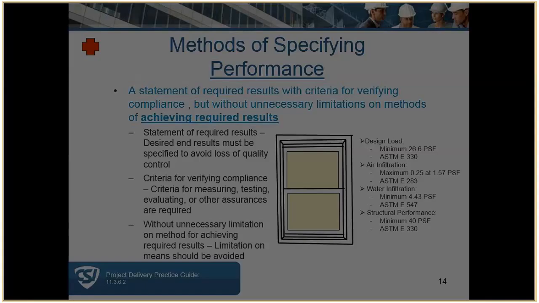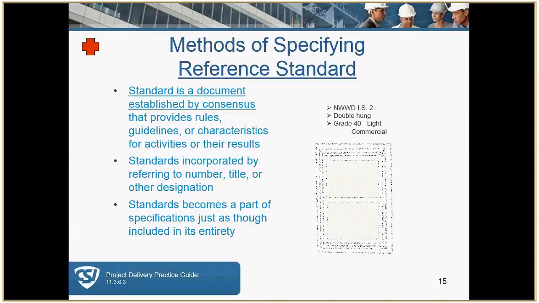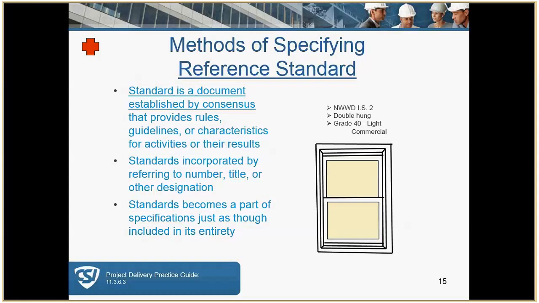Another method is by reference standard. ASTM, UL, NFPA, AWC-NDS, National Design Specification for Wood Construction. There's a number of industry associations that have these standards. A very, very common one is the Tile Council of North America, and they're commonly referenced within specifications.